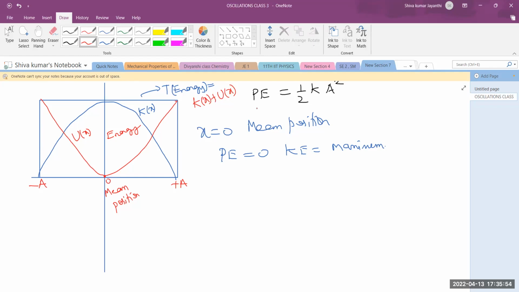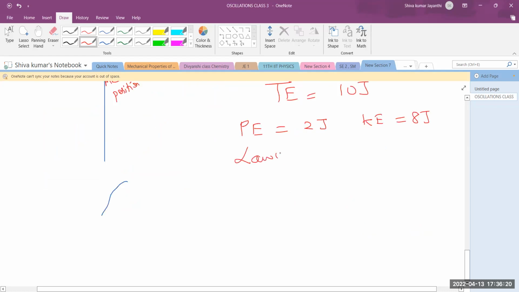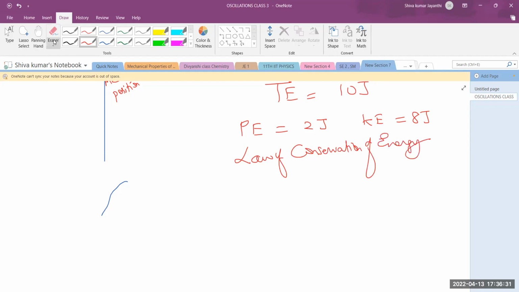Kinetic energy and potential energy are such that when one of them is maximum, the other will be minimum. They will share the total. For example, if the total energy is equal to 10 joules and the potential energy is 2 joules, then kinetic energy immediately becomes 8 joules, no doubt about it. The sum will always be the same because of the law of conservation of energy, which applies everywhere.